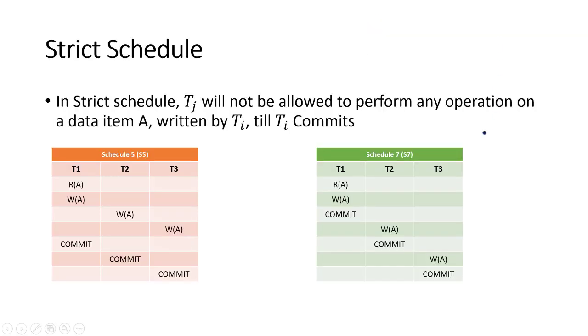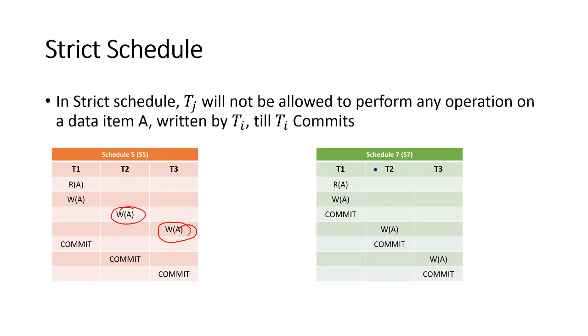In case of a strict schedule, Tj will not be allowed to perform any operation, either a read or a write operation, on a data item A which is already written by a transaction Ti till Ti commits. So here this operation will not be allowed, as well as this operation will not be allowed, because the previous transaction which wrote the data item is not committed. So schedule 7 is a strict schedule.